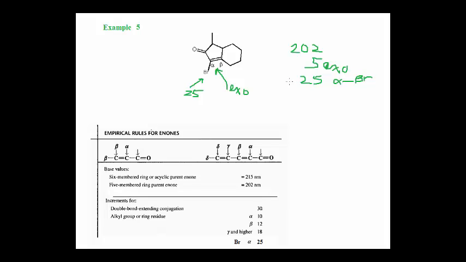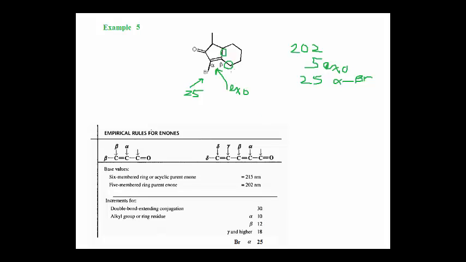Okay. And now, what about alkyl substituents? If you look at the beta carbon, there are 2 alkyl substituents here and here, both of them ring residues. And our table tells us that alkyl substituents on the beta carbon of an enone system contribute 12 nanometers.